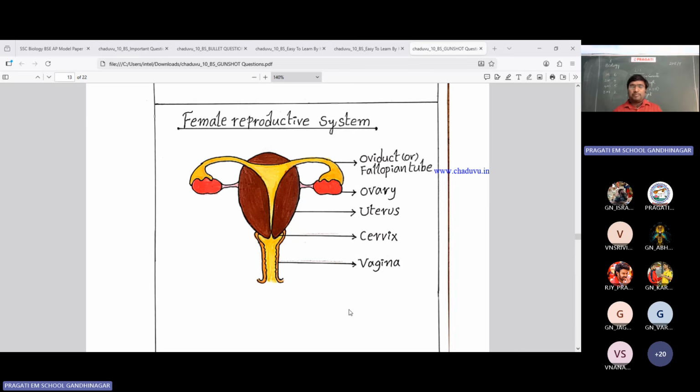Maybe this time the female reproductive system will come or not, but this is also one of the important diagrams. Try to practice this diagram also. So the labeled parts: oviduct is also called fallopian tube. After that, ovary. Then uterus, cervix, and then vagina.